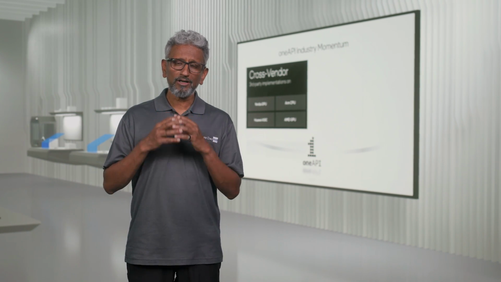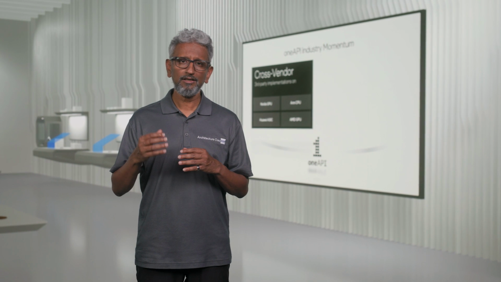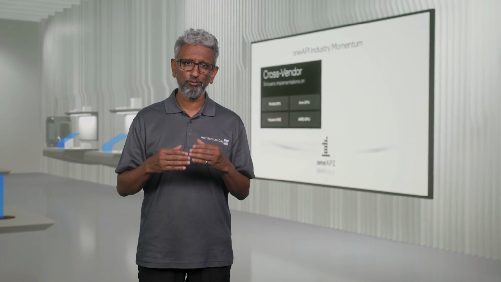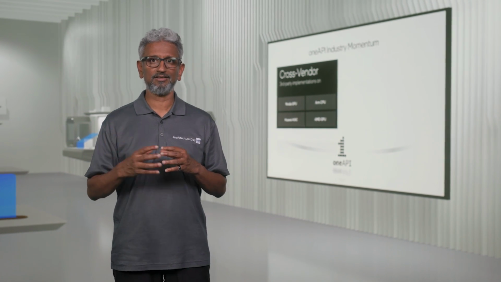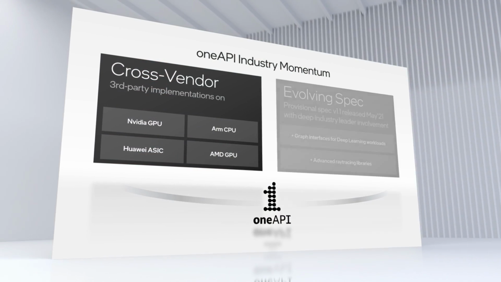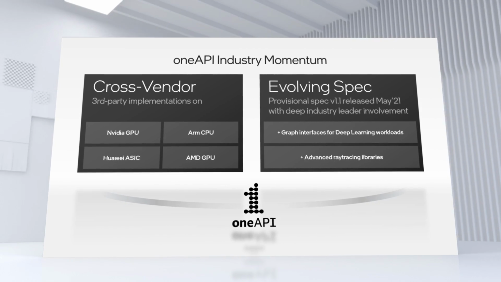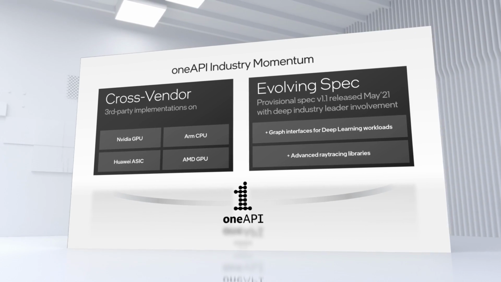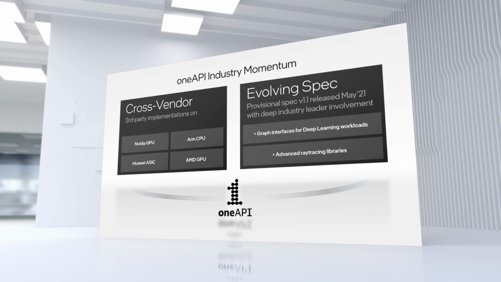We know that oneAPI version 1.0 is just the beginning of the journey. Key industry leaders are helping to evolve the specification to support additional use cases and architectures. The provisional version 1.1 spec was released in May, which adds new graph interfaces for deep learning workloads and advanced ray tracing libraries. We expect version 1.1 spec to be finalized by the end of the year.